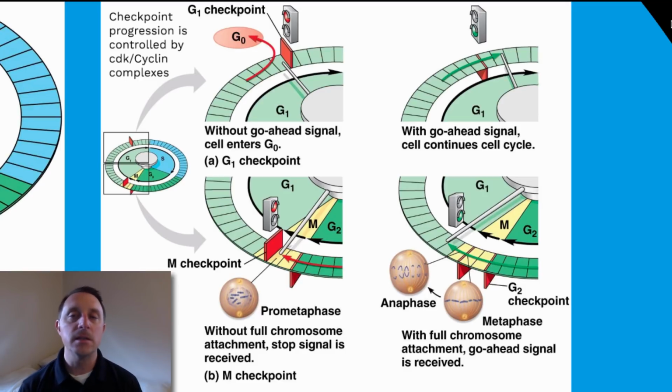Okay, cyclins are proteins that go up and down in levels as the cell moves through the cell cycle. And the CDK is a cyclin-dependent kinase. So this is an enzyme, it's a kinase, that is only active when it has its cyclin partner bound to it.